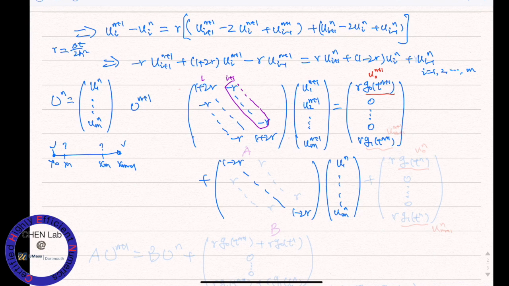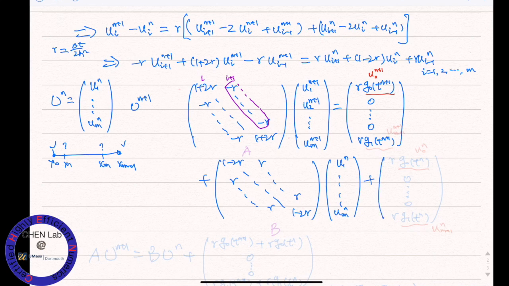And then we have r hitting the u_{i+1}'s, and r hitting the u_{i-1}'s. Similarly, we need to add the first and last terms.